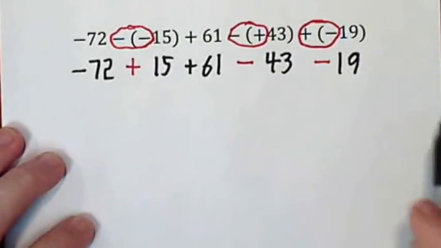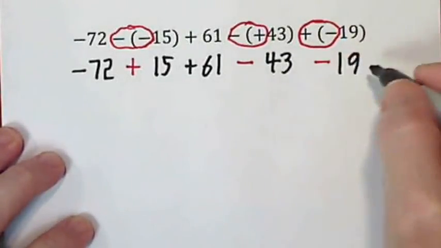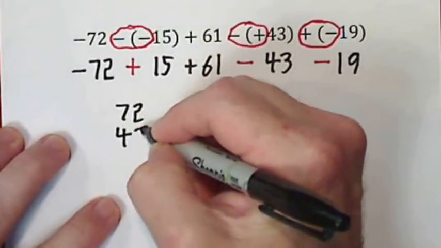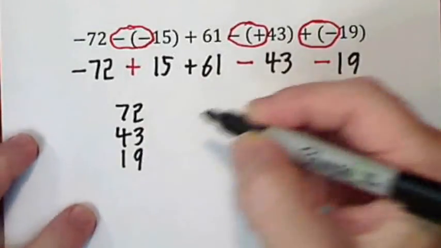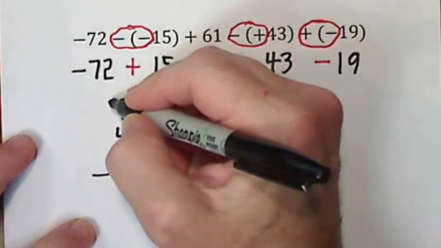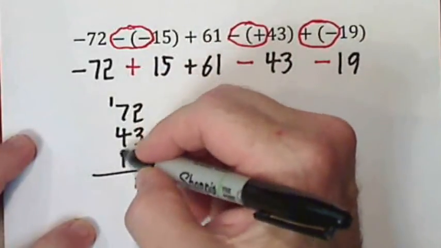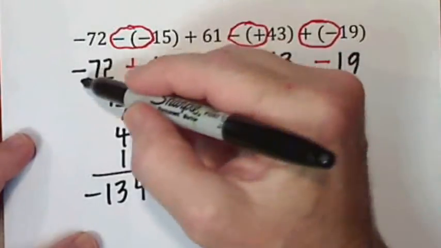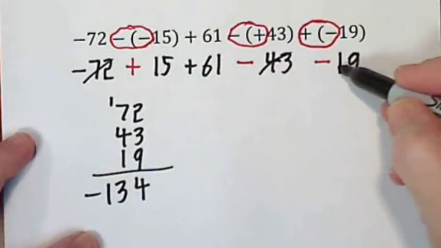And then just group together all your negatives, 72, 43, 19. So that took care of the 72, the 43, the 19.